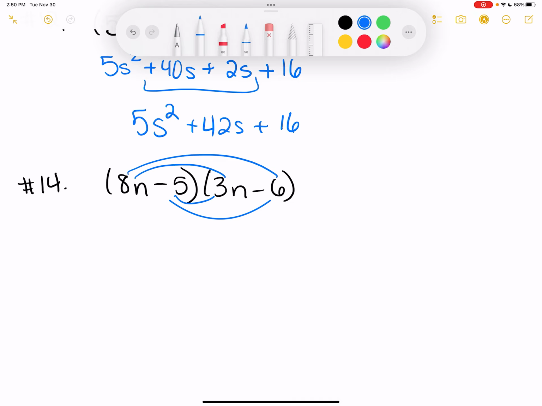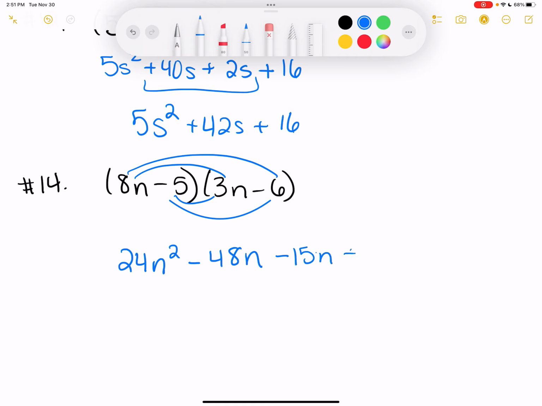All right, what do we get? 11n squared minus 7n plus 30. Oh, I get 11. Excuse me? Multiply, don't add. And Joey went, I finished before you. Whoa. Hold on. 24n squared minus 17n plus 30. I did the rest right. 8 times 6 is not 17. It is 48.